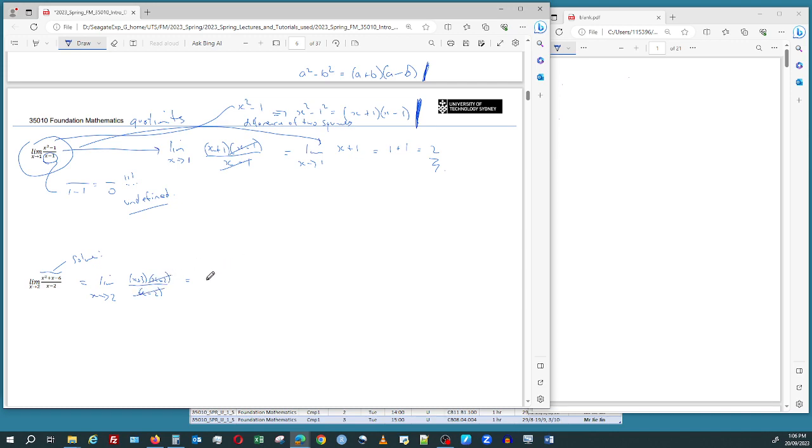They're cancelling, and we're left with the limit as x approaches 2 of x plus 3. So in this case, for all intents and purposes, x is going to take on the value of 2, while not actually taking on the value of 2. It's going to be such an infinitesimally small difference that we'll accept it as 2, and so the limit is 5.